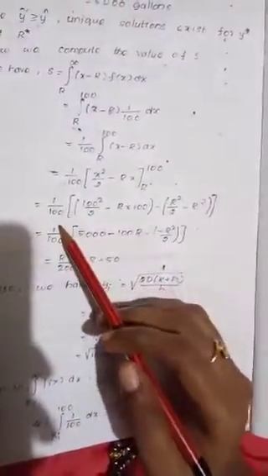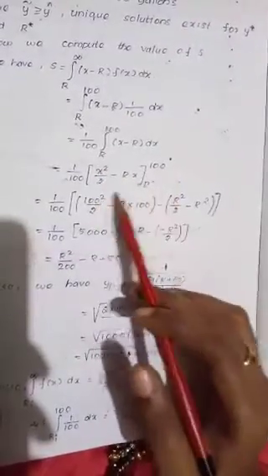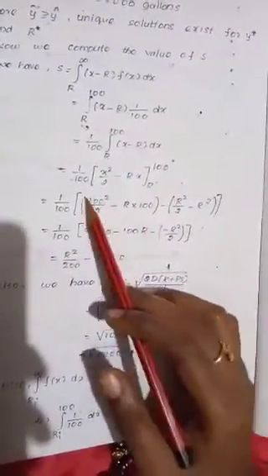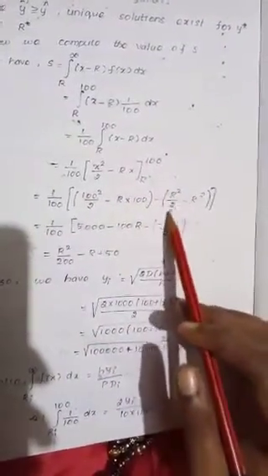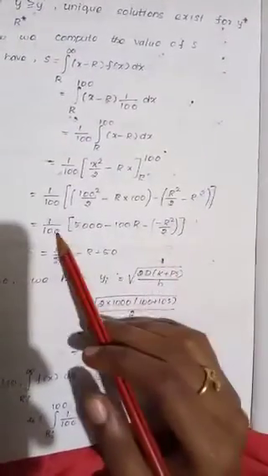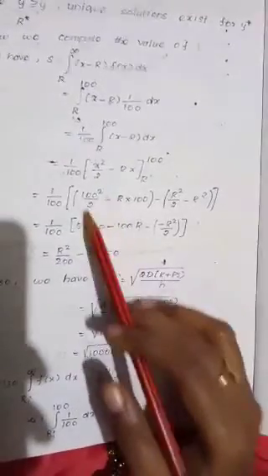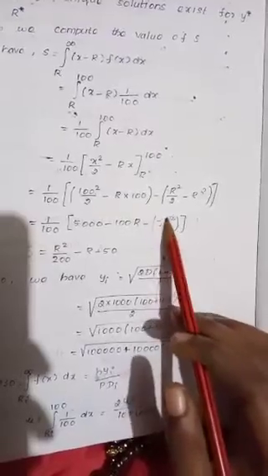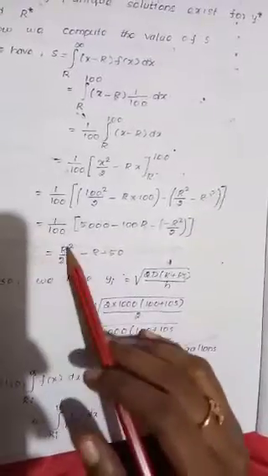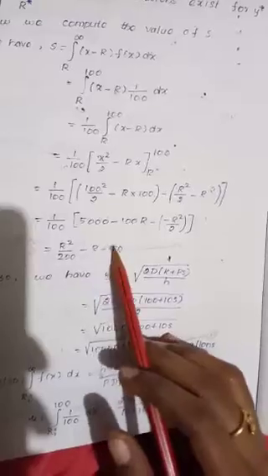Substituting first 100 and then r into x, we get 100 square by 2 minus r into 100 minus r square by 2 minus r square, which is equal to 1 by 100 into 5000 minus 100 r plus r square by 2. Taking the LCM, therefore s is equal to r square by 200 minus r plus 50.